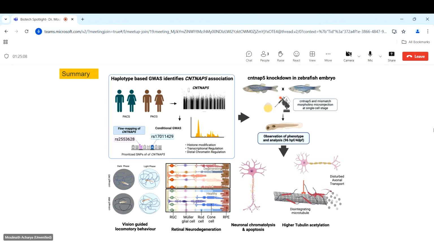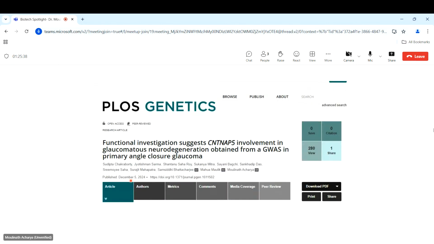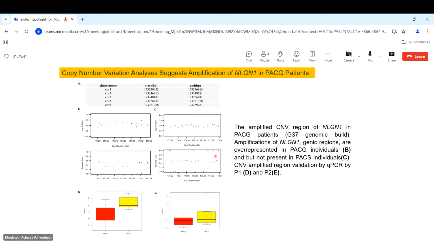Then we moved into zebrafish to knock down the CNTNAP5 gene, and we observed disturbed axonal transport and disintegrating microtubule structure, evident from the acetylated tubulin staining, which ultimately leads to degeneration, showing the difference between the healthy and degenerative retina. We have also looked at their vision-guided locomotory behavior. This work is recently published in PLOS Genetics, and I have a few points to mention here.